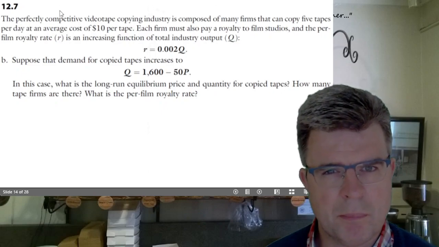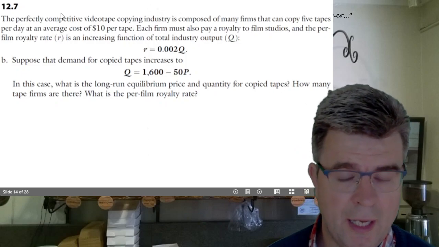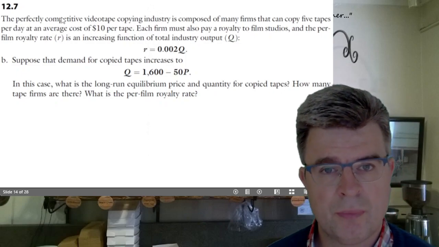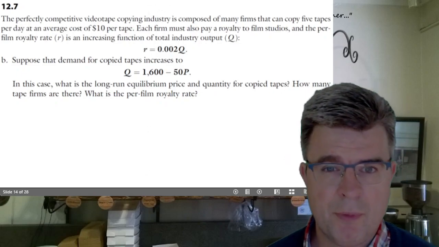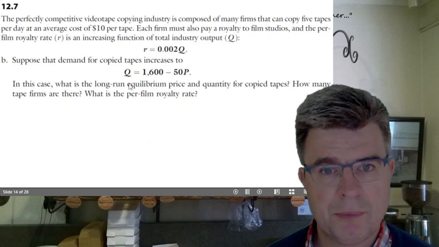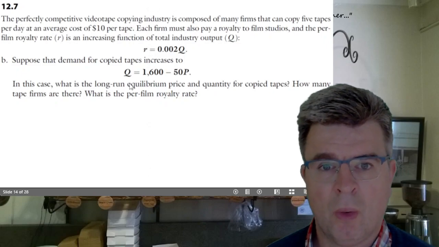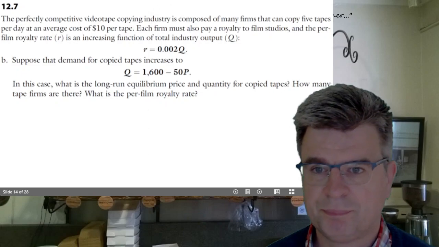That sounds a little bit boring because you need to do the same thing as in question A, but it's also instructive because by comparing your answers to question A and B, you can see who actually gains in this industry. Are these the videotape copying firms? Or are these the film studios that own the copyrights?